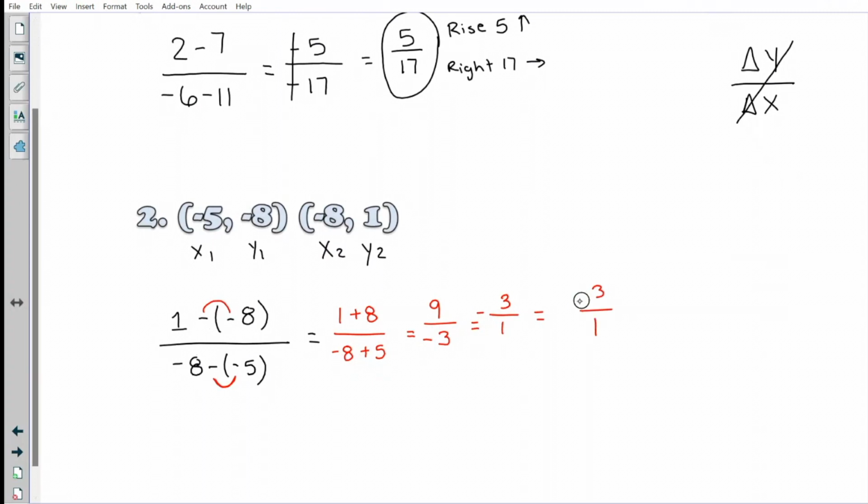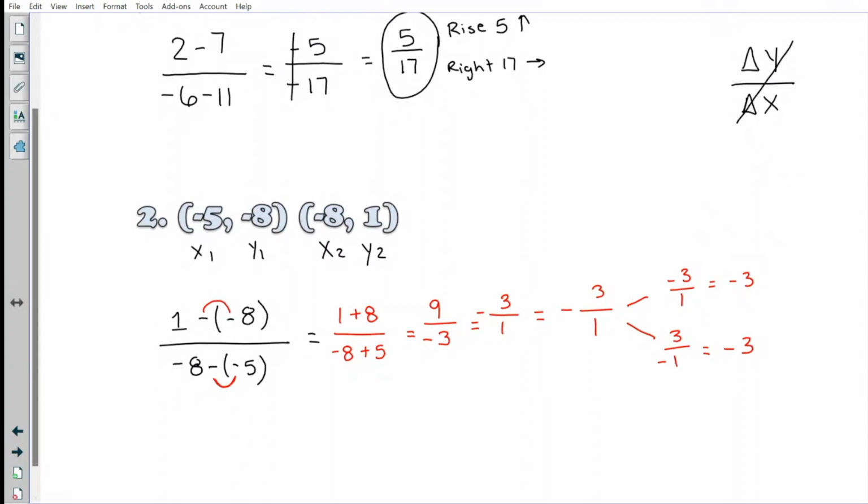Now this negative, you have to be very careful with this negative. This negative belongs to one or the other. So you can either have -3 over 1, which is the same as just -3, or 3 over -1, which is the same thing as -3. So that negative does not go to both. It only goes to one. Now this will give you the same exact line.